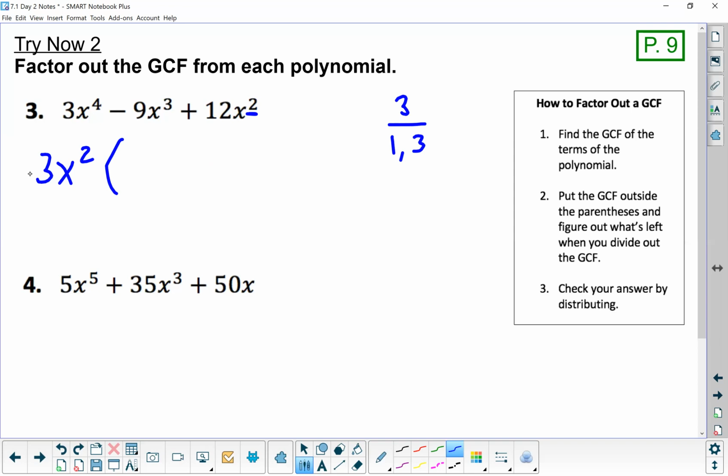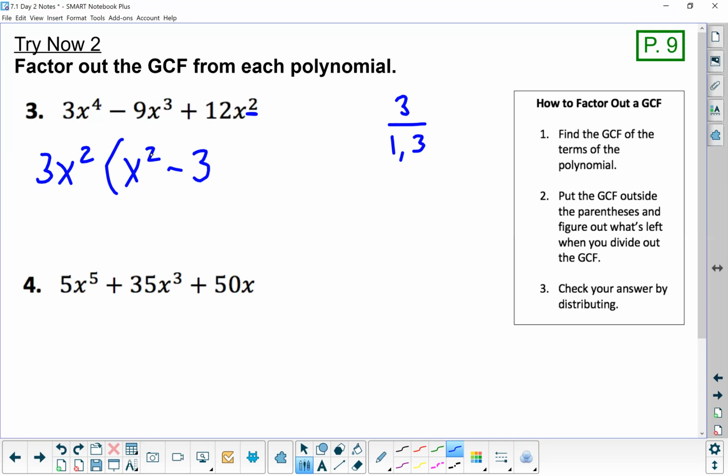So my first term in the parentheses, I take 3 divided by 3. What's 3 divided by 3? 1. I had x to the 4th. I factored out x squared. That leaves me with x to the 2nd, or x squared. 9 divided by 3. 3.